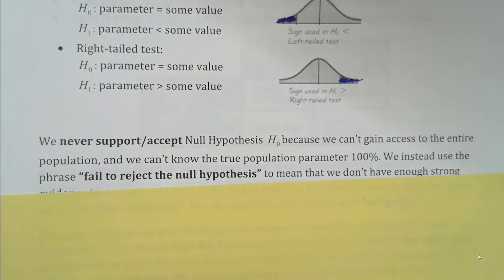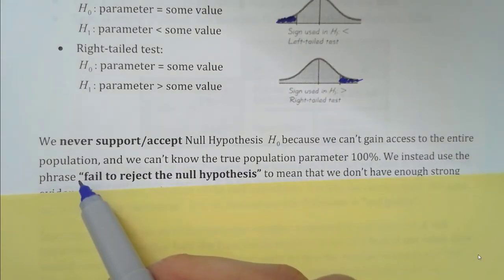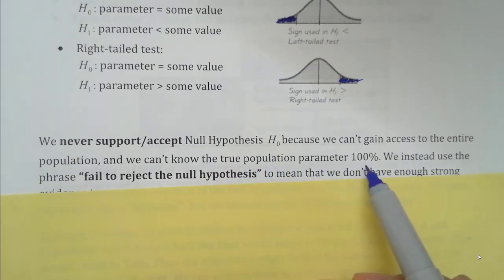There's no way that you can ask every single person in the United States if you want to do some kind of testing or research. We cannot gain access to the entire population, and therefore we cannot know exactly the true value of the population parameter 100%.